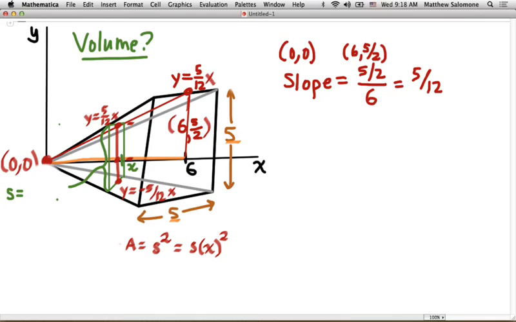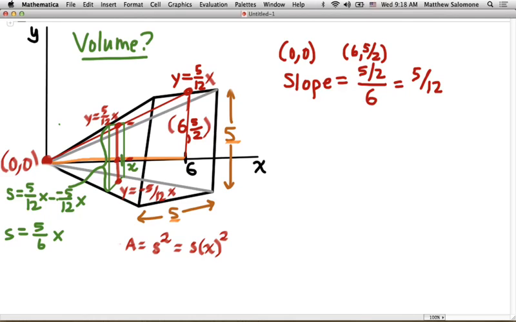Yeah, 2 times 5/12x. Twice 5/12x, because it's the top function minus the bottom function, 5/12x minus negative 5/12x, which gives us twice 5/12x. And twice 5/12 is just 5/6.